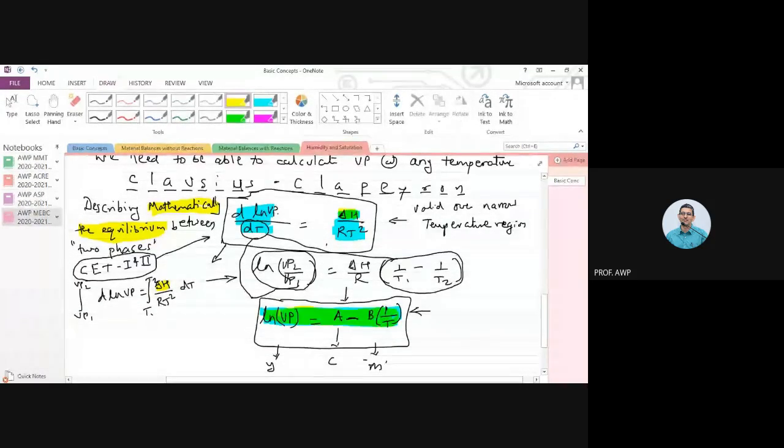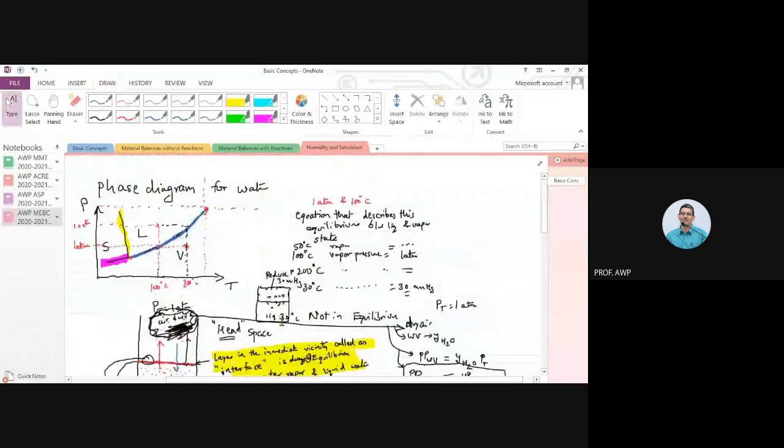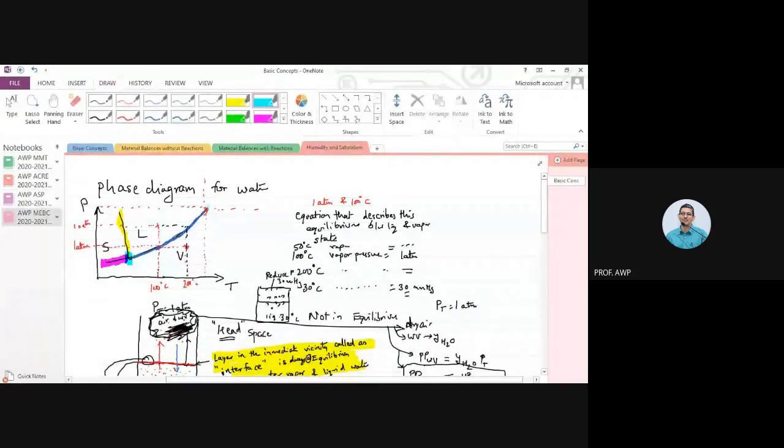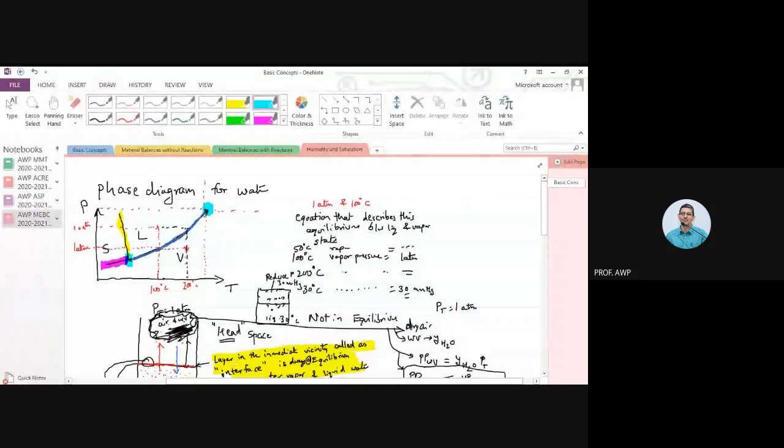But we need to be able to calculate vapor pressure anywhere between the triple point and the critical point. All this blue line, we should be able to calculate the vapor pressure of water.